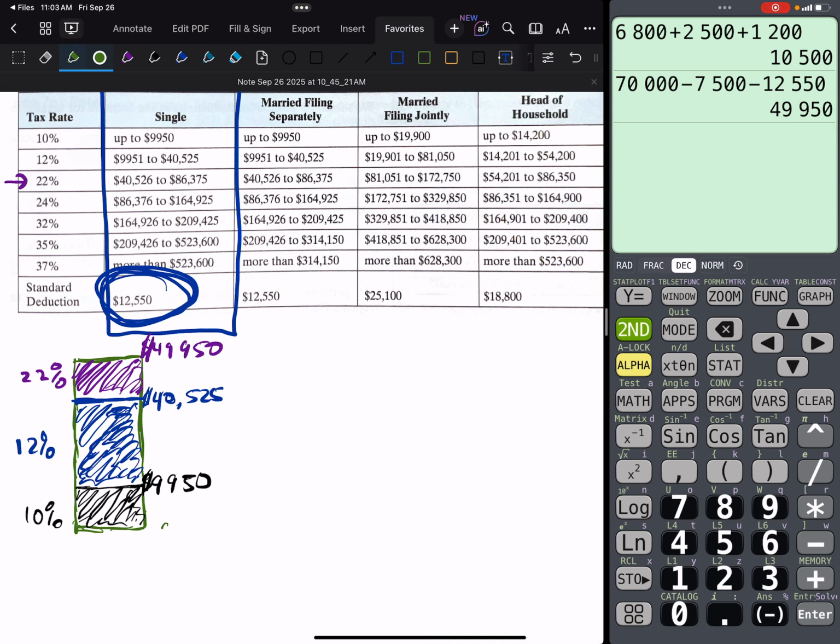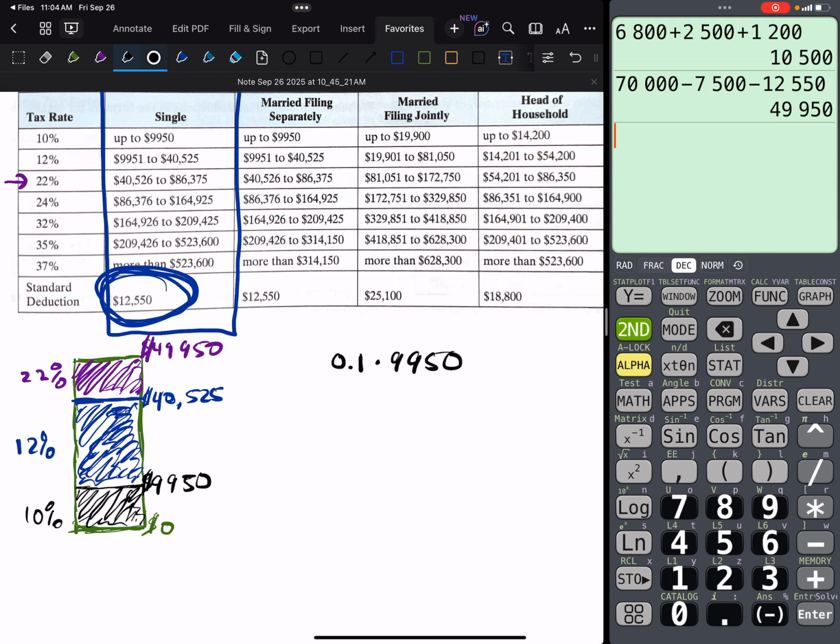And so I kind of have my $0 down here at the bottom, because I started at the bottom with $0. Okay, well, to calculate 10% of $99.50, it's literally just going to be 0.1 times $99.50, right?